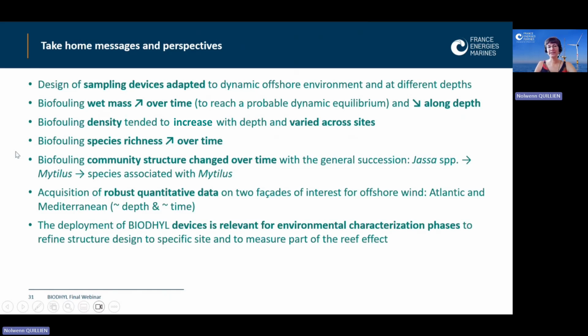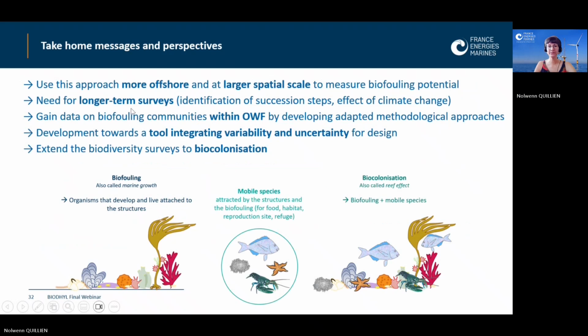And this project enabled us to gain robust quantitative data on 2 facets of interest for offshore wind, the Atlantic and the Mediterranean, at different depths and at different times. The development of BIODHYL devices is relevant for environmental characterization phases, to refine the structure design to specific sites, and also to measure parts of the reef effect.